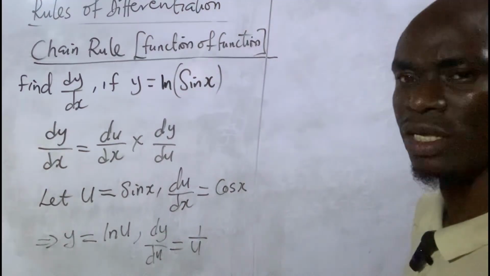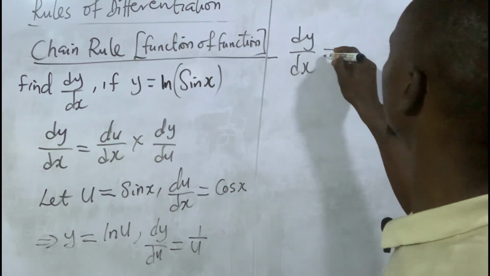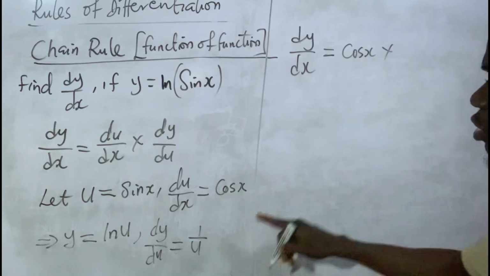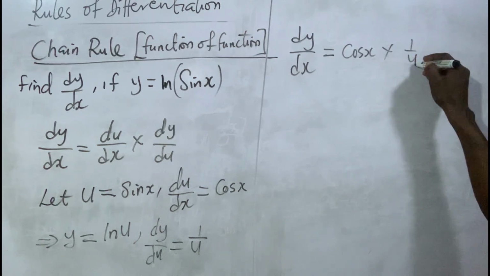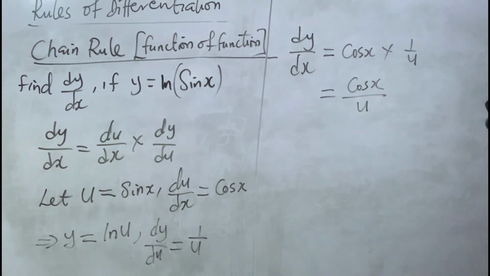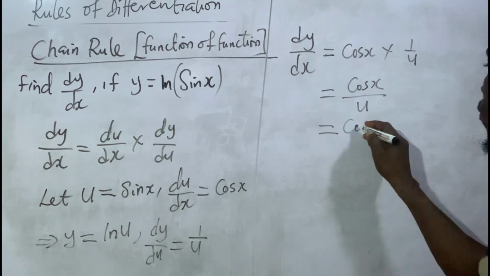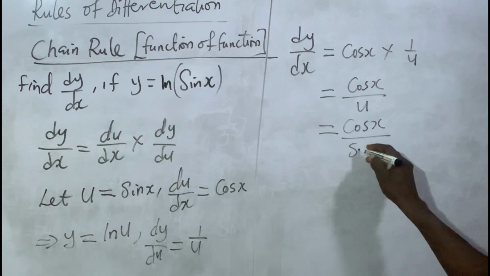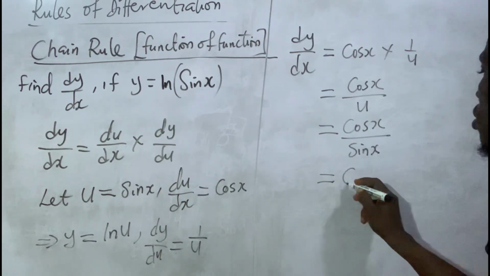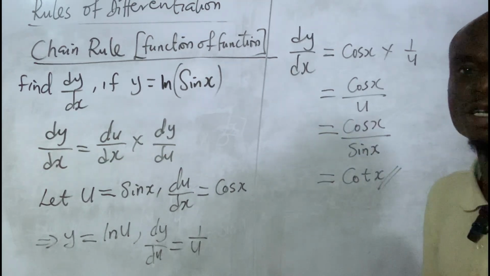If we put them together in the formula, we have dy over dx equal to du dx, cos x, times dy du, 1 over u. So this is equal to cos x over u. What is u? u is sine x. So we have cos x over sine x, and cos over sine in trigonometry is cot. So that's the final answer.